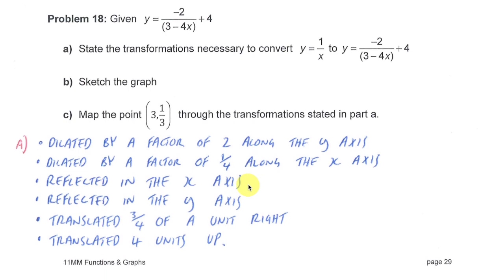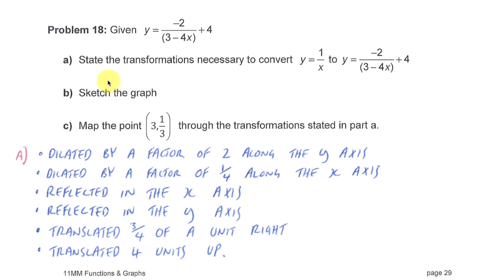Let's look at another example. Problem 18. We've got this rule. State the transformations from 1 on x to this. Dilated by a factor of 2 along the y-axis, so we ignore the sign. What's the effect of this -4? Dilated by a factor of 1/4, so it's 1 over the size of that, along the x-axis.